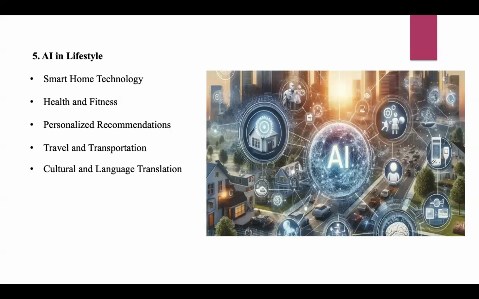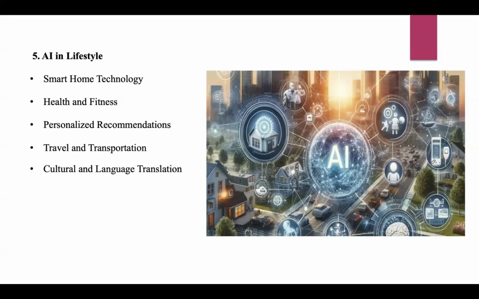So the last one is cultural and language translation. If it is language learning, AI-powered language learning platforms use various adaptive algorithms to personalize lessons, assess proficiency, and provide feedback to learners. And if you take cultural understanding, AI-powered translation apps and tools facilitate communication across languages and cultures.